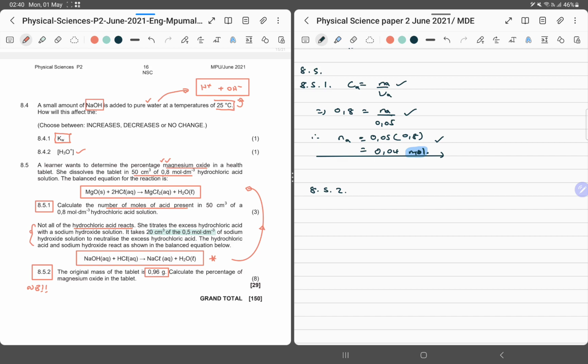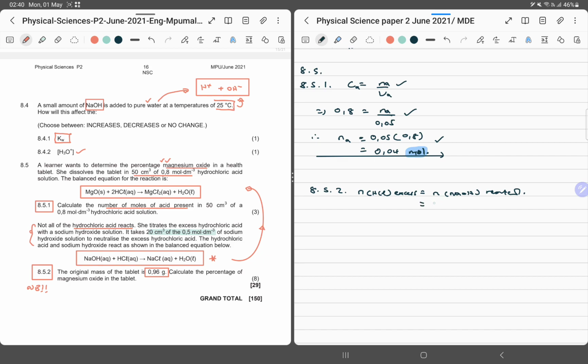So let's start. We want to know the number of moles of hydrochloric acid in excess. So the number of moles of HCl in excess is going to be equal to the number of moles of NaOH that reacted, isn't it? Because that was a complete neutralization.